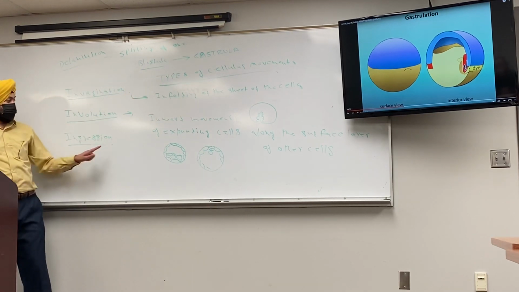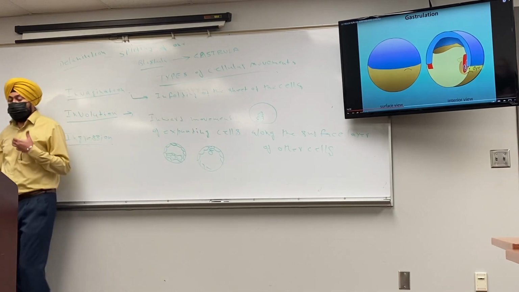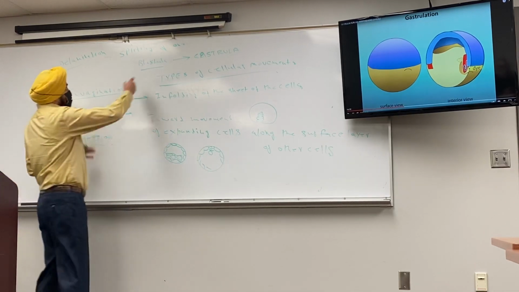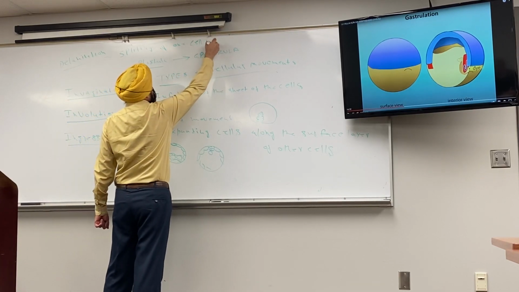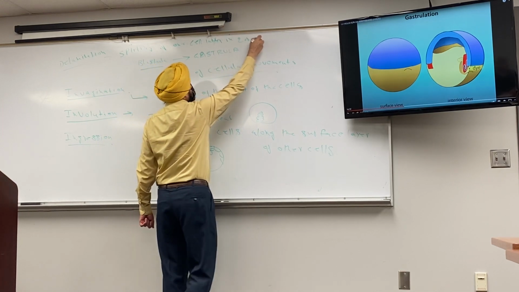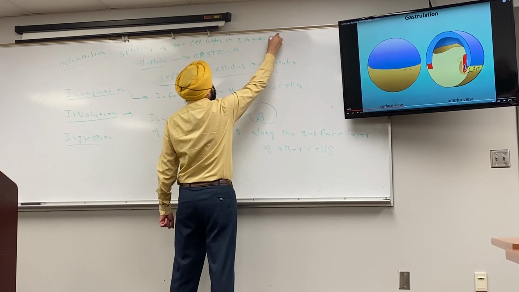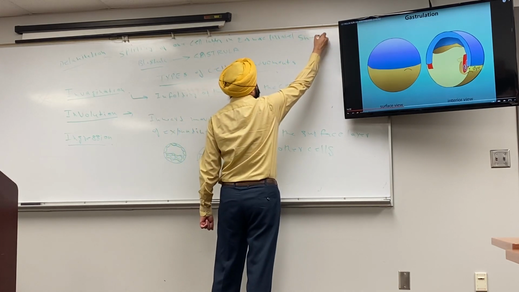Here in ingression we just talk about one cell, right? When we talk about delamination, what we are saying is splitting of one cell layer in two or more parallel sheets. What does it mean? Let me explain here.